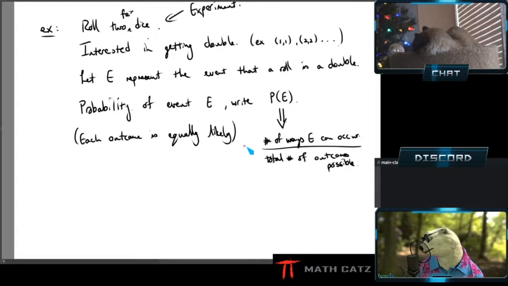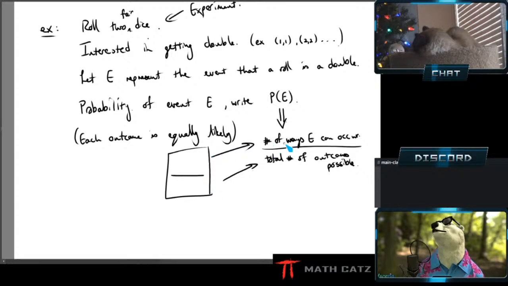In this case, I'm going to have two things, and that's going to make up my probability. The top will be the number of ways I can get a double. Well, it's the double 1, 2, 3, 4, 5, or 6. So there are only 6 of them. I can list them and count them.